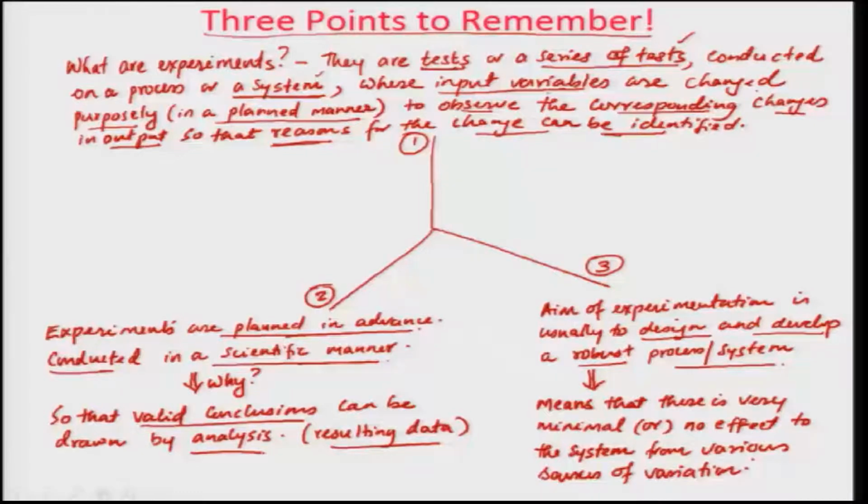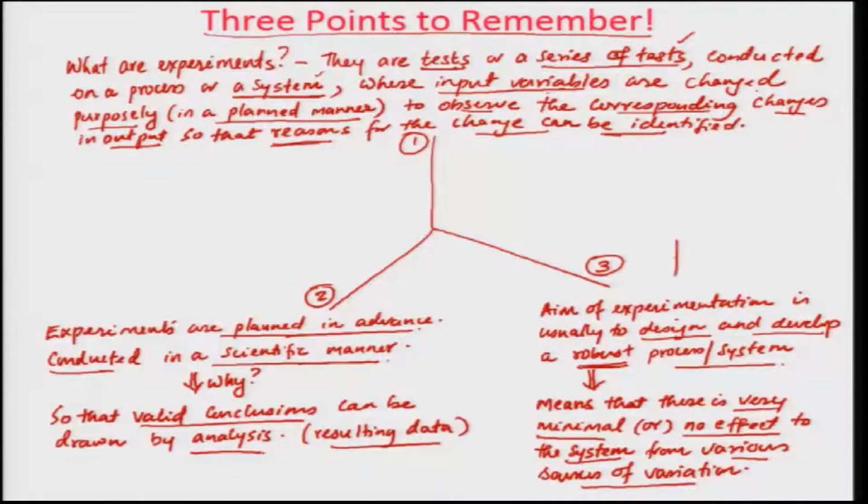Okay. So, when you are trying to develop a robust system, what we are saying is that there is very minimal or no effect. The system is not affected by the various sources of variation, or they have little or no impact on the system. So, why do we look for a robust system?